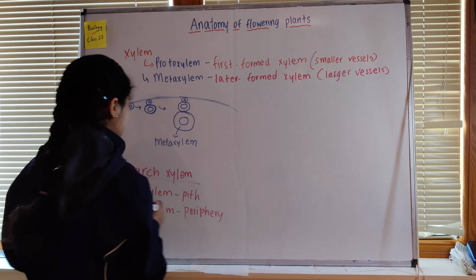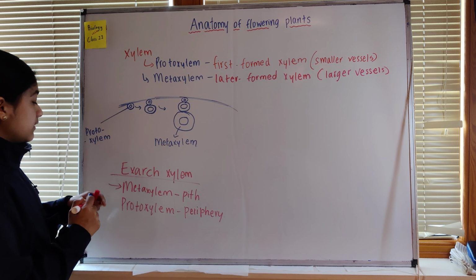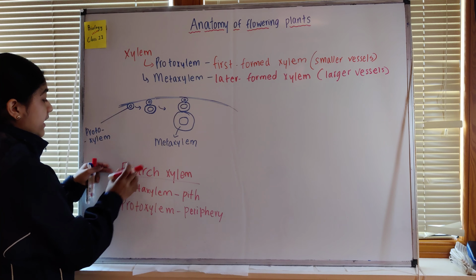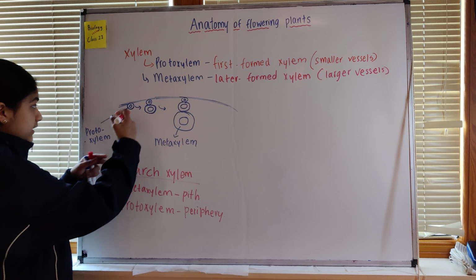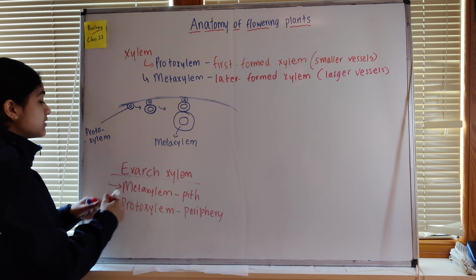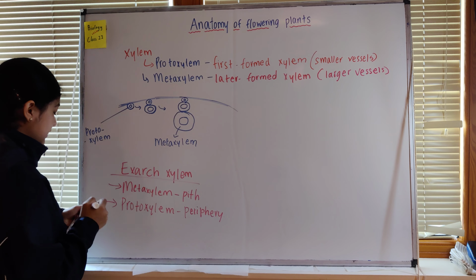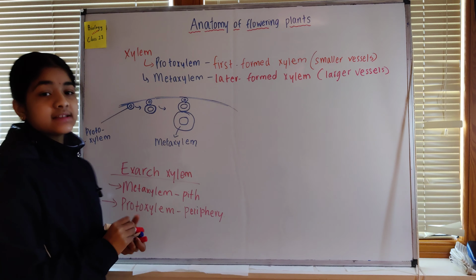This is what Exarch xylem is. Ex means outside, so the protoxylem is more on the outer side. Metaxylem is towards the pith or the center. So this is about the Exarch condition.